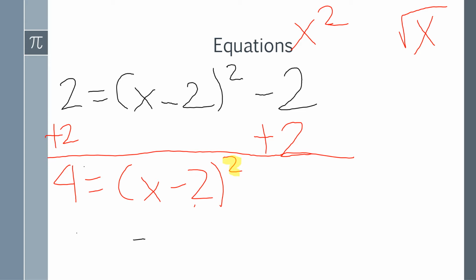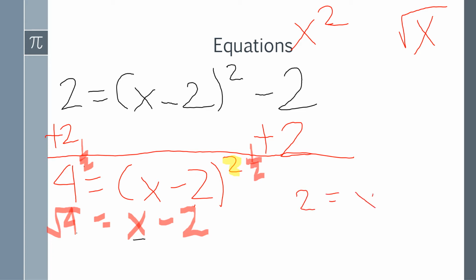You're going to take its reciprocal, and its reciprocal is the half power, and you do 4 to the half power there. Essentially, the square root of 4 equals x minus 2. So, what's the square root of 4? It's just 2 equals x minus 2.